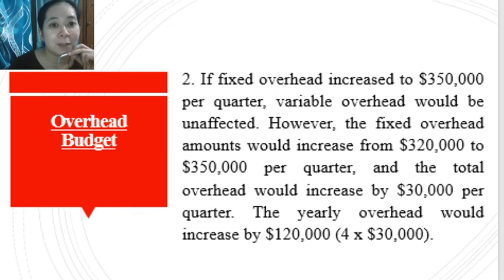However, the fixed overhead will increase from 320,000 to 350,000 per quarter, so the total overhead will increase by 30,000 per quarter. For 1 year, that's $120,000. Preparing the overhead budget is also simple, just like the first budgets that we have prepared so far. So that's for our overhead budget.